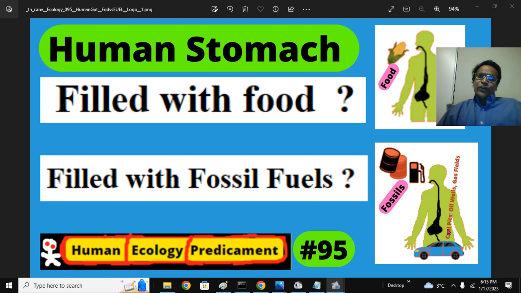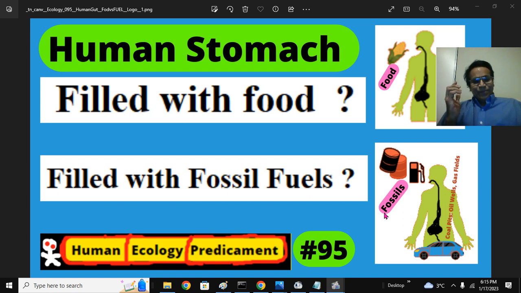That means the human stomachs or human bodies or entities are extensions of the coal pits, the oil wells, the gas fields, where the fossils come.